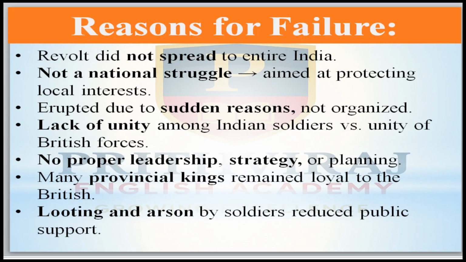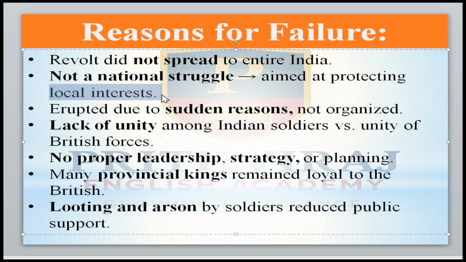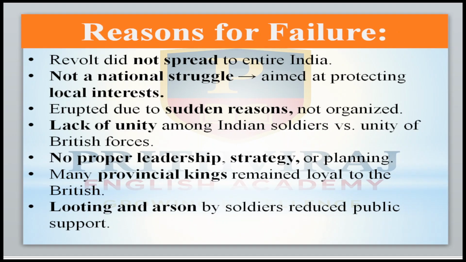Reasons for the failure: why did it fail? The revolt did not spread to the entire India. First point, it was not a national struggle but aimed at protecting local interests only. The main aim was not national; it was by the locals. It erupted due to sudden reasons and was not organized.